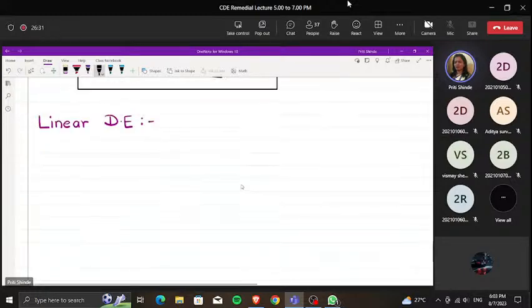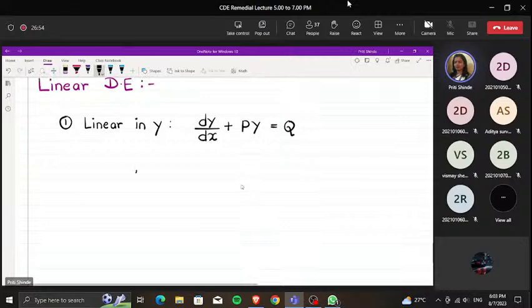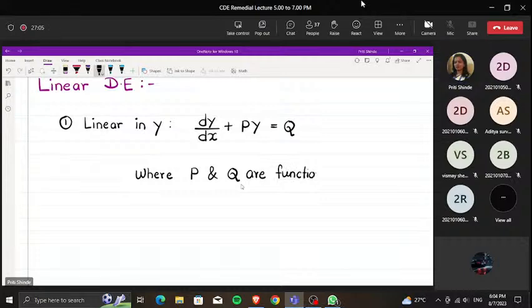For linear ordinary differential equation, okay, two types. So first type is linear in y. So standard form is dy by dx plus py is equal to q, where p and q are functions of x or constants.